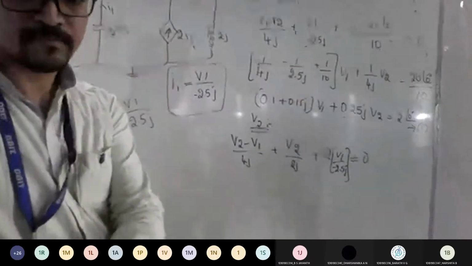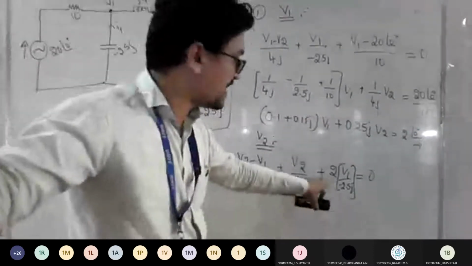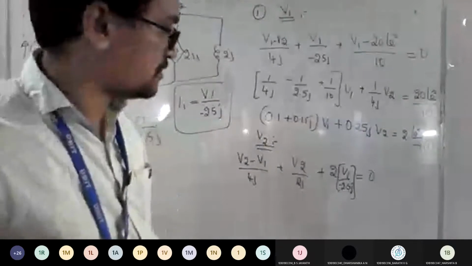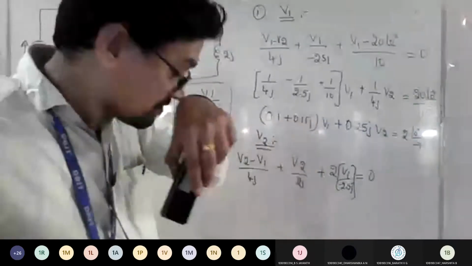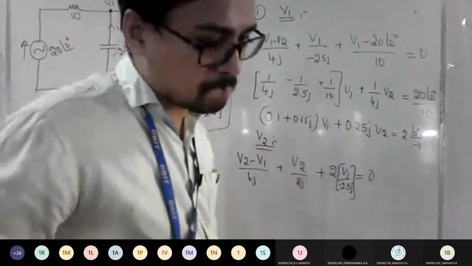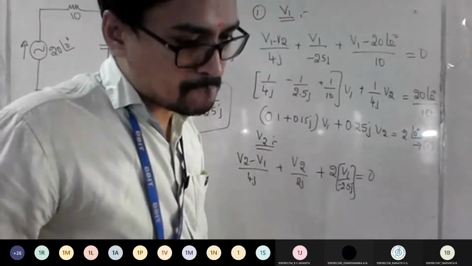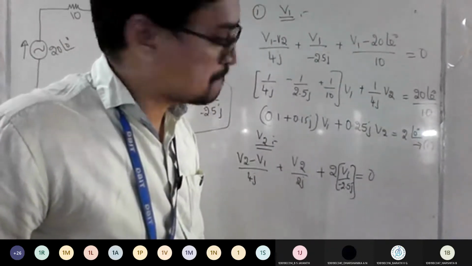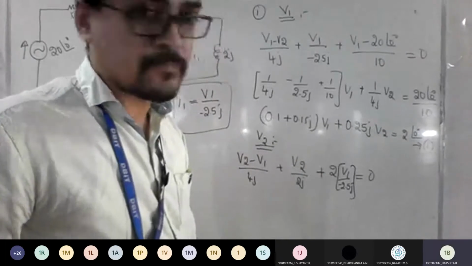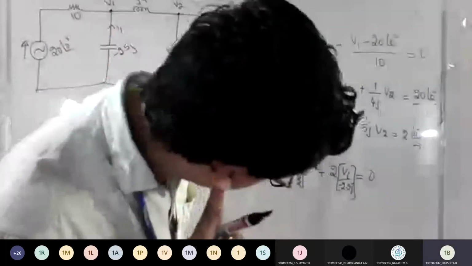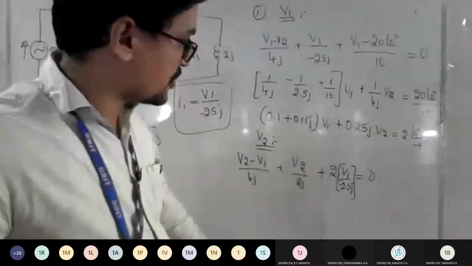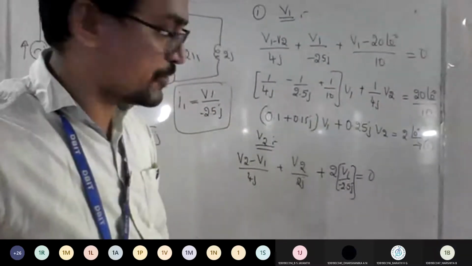So this minus, if you take it, becomes minus 2 by 2.5. Check what is the value of V1 now. Minus 0.2. Do it slowly. Take all V1 terms common and V2 terms common.